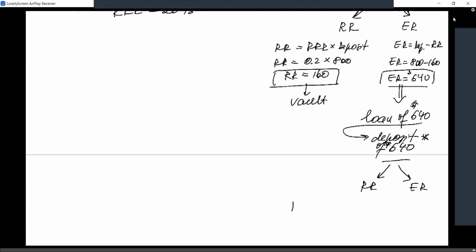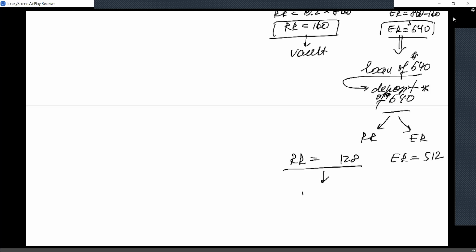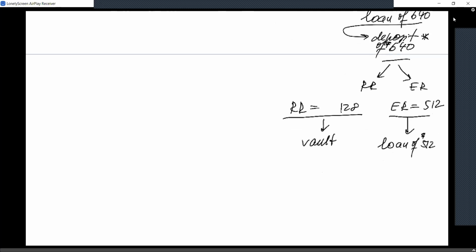Let's calculate the required reserve part of 640 with the same 20%: 128, and excess reserves, 640 minus 128, 512. Required reserve part goes down into the bank's vault. Excess reserve part of the deposit becomes a loan or part of the loan to somebody else. And before anything happens to the loan, it will be first deposited.